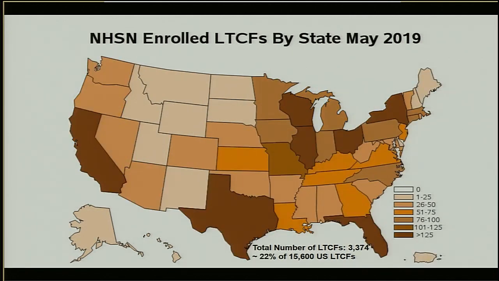And by May of this year, we have approximately 22% of the nursing homes enrolled and reporting to NHSN. With increasing numbers of facilities being enrolled and giving NHSN their data, it becomes very, very important to assess and assure the quality of your data.